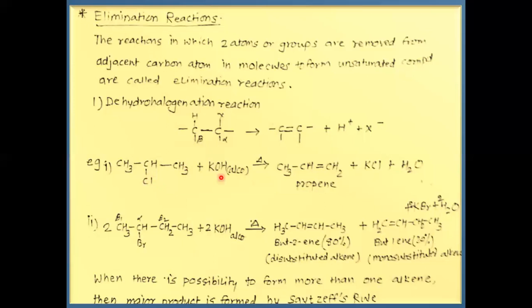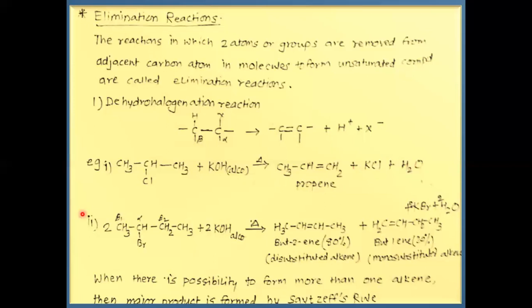Plus alcoholic KOH, propene is formed: CH3CH=CH2 plus KCl plus H2O.